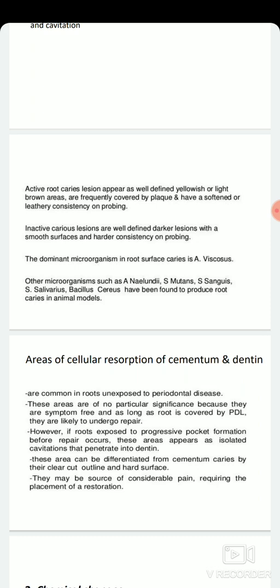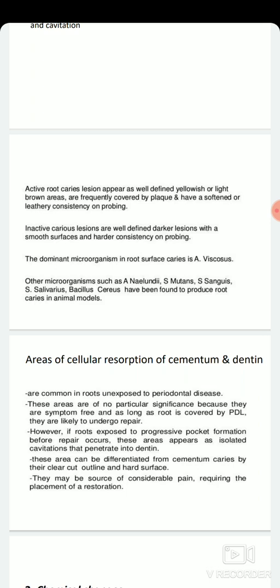This is more amenable for bacteria to enter into the cemental surface. In inactive carious lesions, there are well-defined darker lesions with a smooth surface and harder consistency on probing, and the dominant microorganism on the root surface caries is Actinomyces viscosus.